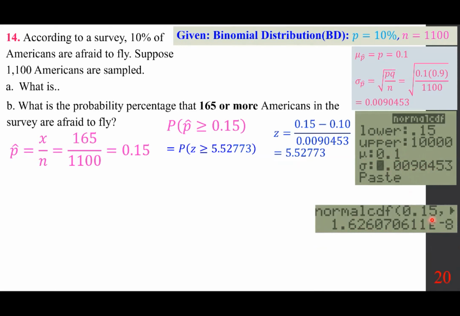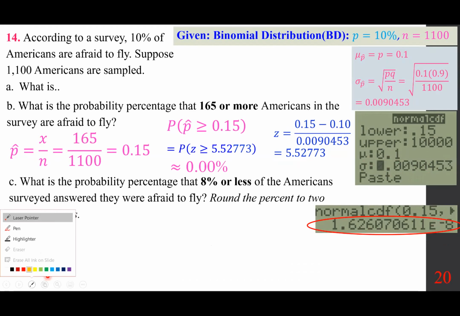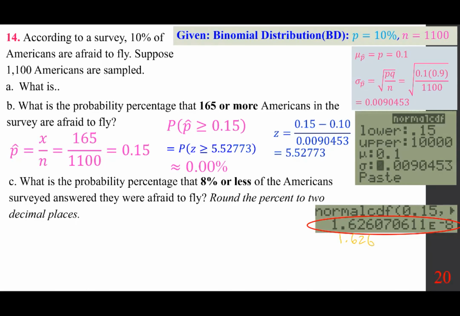This is almost zero if you use the technology or if you use the table. I want to write this because I want to make sure everybody can see what this means, in case. Let's say 1.626 times 10 to the power minus 8. That's the meaning of E minus 8, which is an extremely small number.